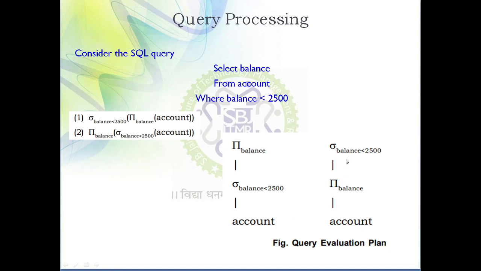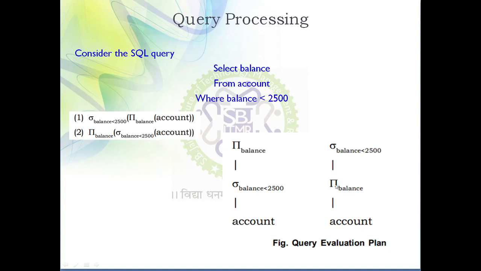In the second query evaluation plan, first you fetch the balance of all 10,000 rows. So you are fetching 10,000 rows, but initially in plan 1 you are fetching only 500 rows. That is the difference between query evaluation plan 1 and query evaluation plan 2.